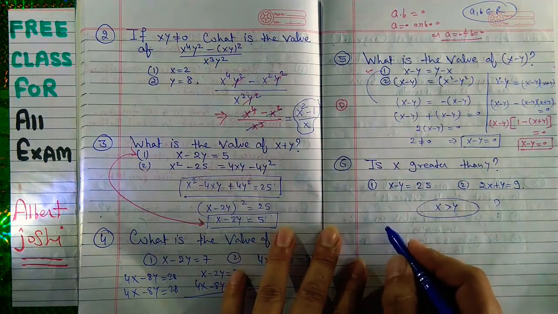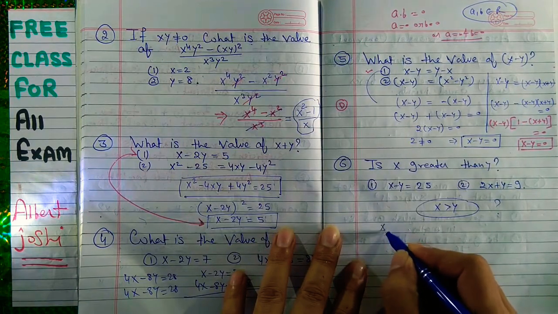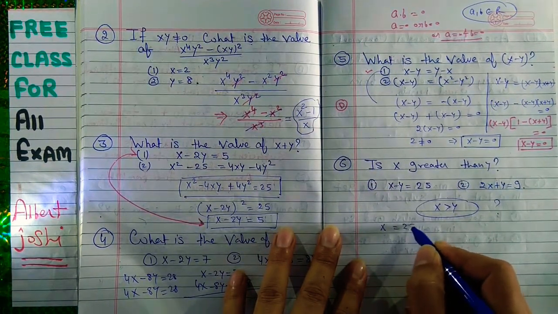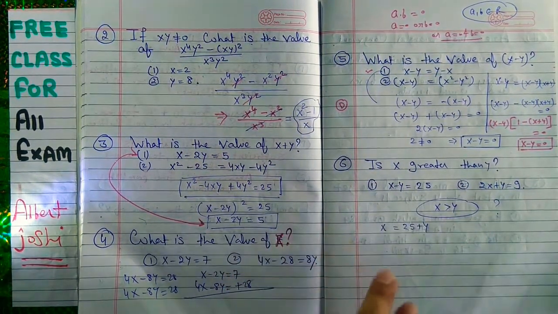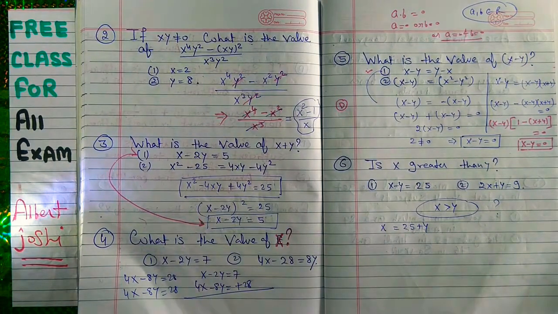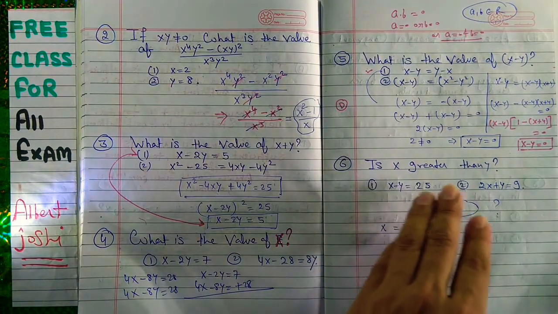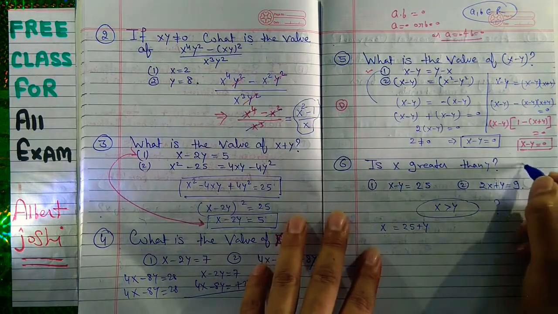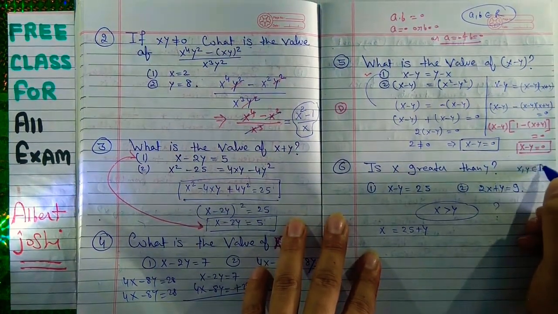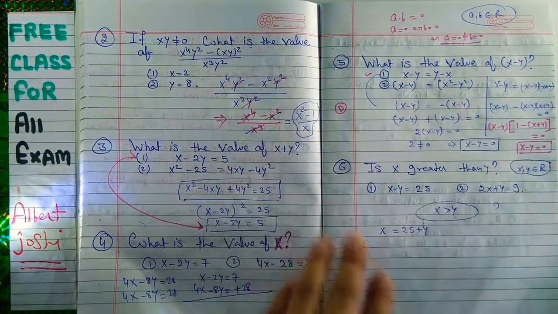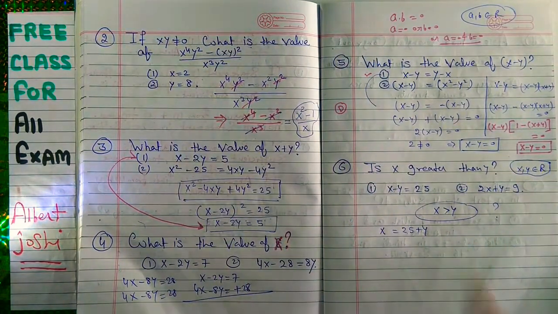So what is x? x is equal to 25 plus y. But here in this question, he has not given us what x is. Suppose x and y belong to R. Suppose I write y is equal to minus 25.